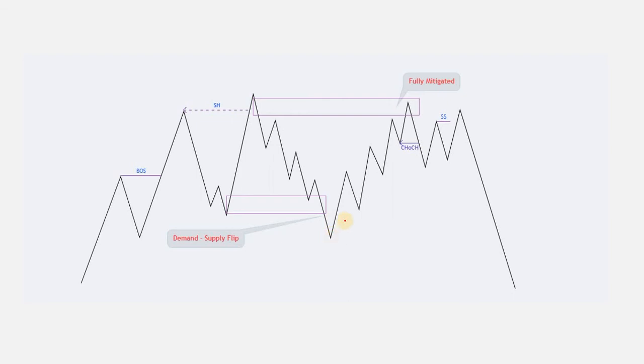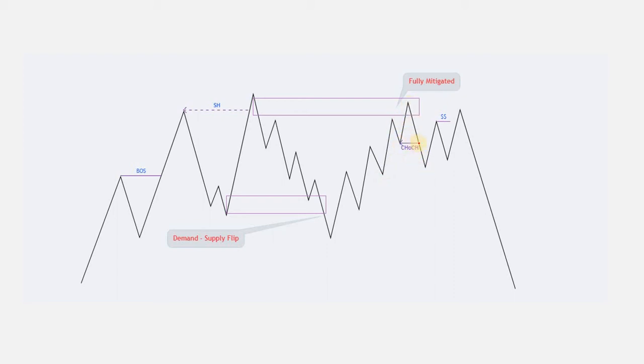So what we need to do is to identify this supply zone, and start looking at how price is trading towards it. Price is making an upward movement towards that zone, and then we have a change of character.